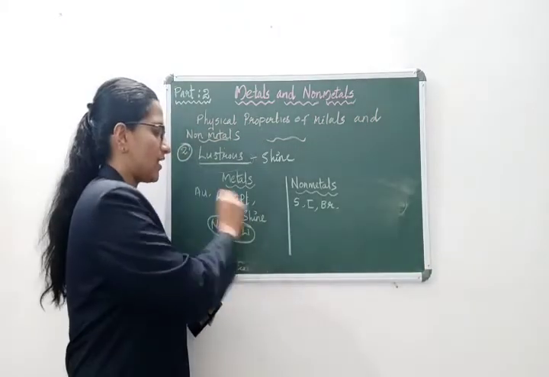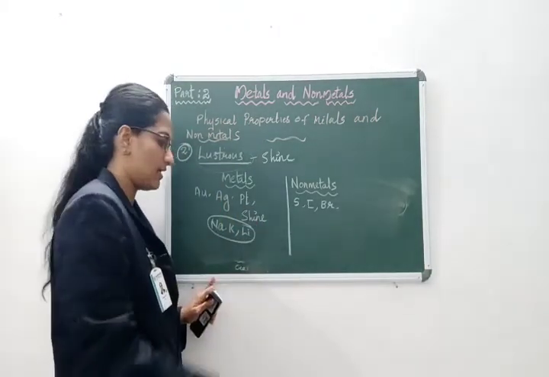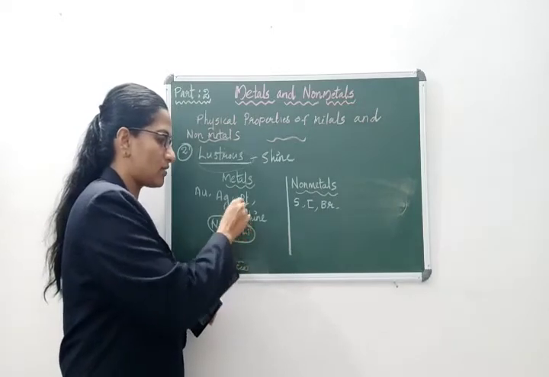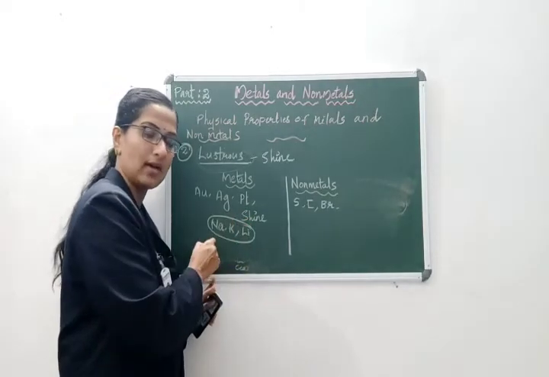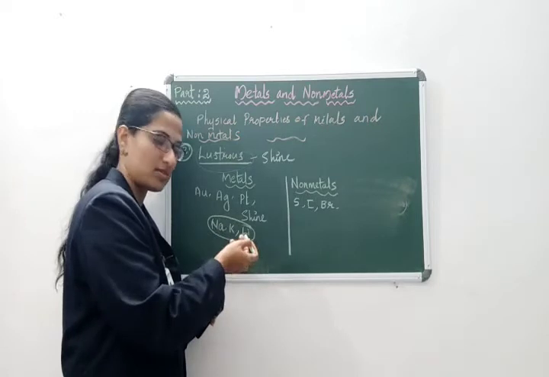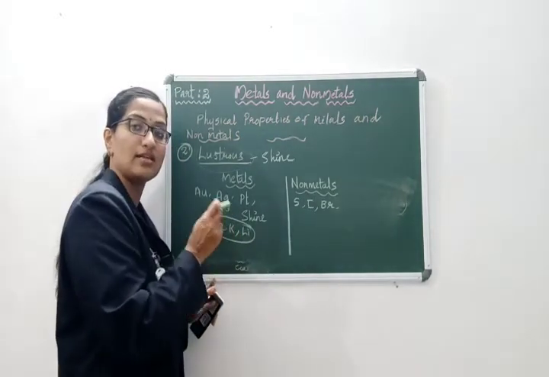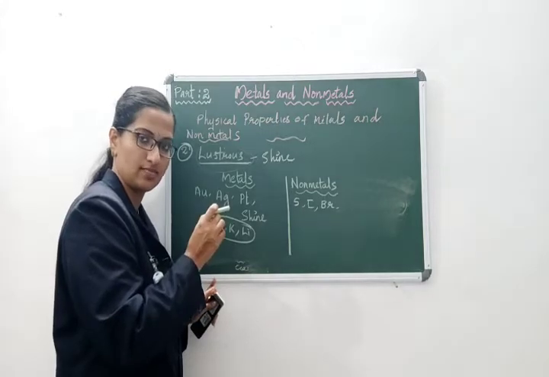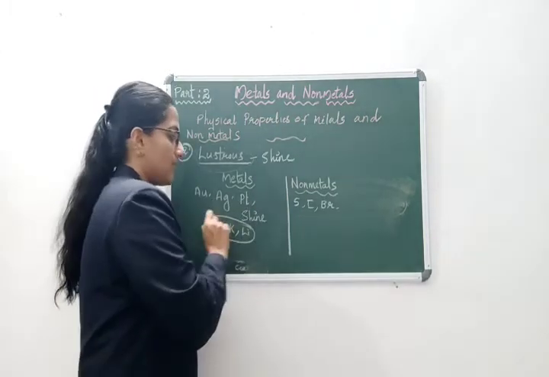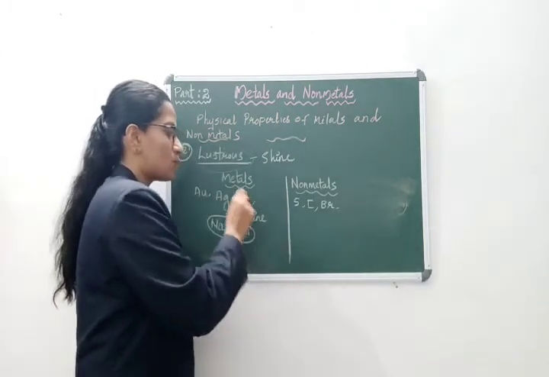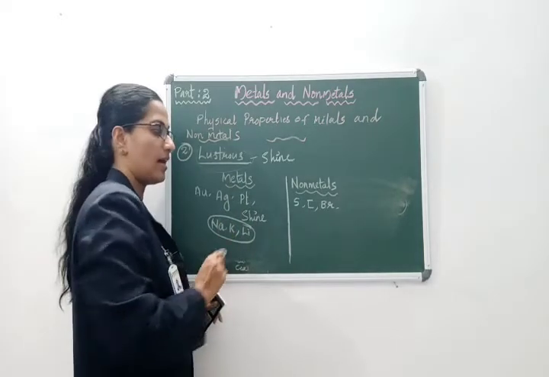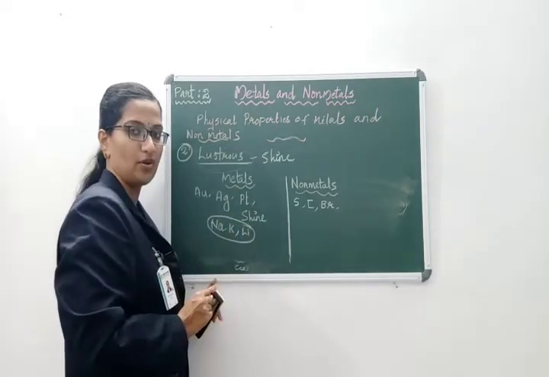So generally we cannot say that all the metals shine. Compared to other metals, these three are not that lustrous. But when you cut these metals, you can see inside there is a portion which is lustrous. But generally you can say that most of the metals are lustrous and most of the non-metals are non-lustrous.